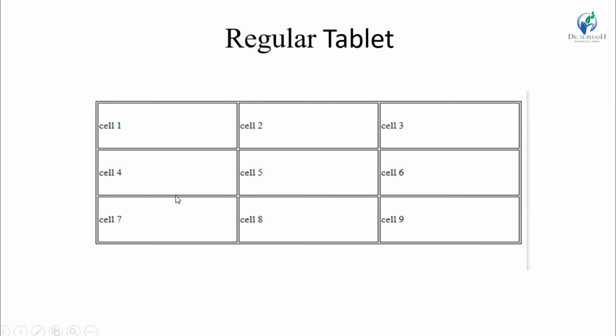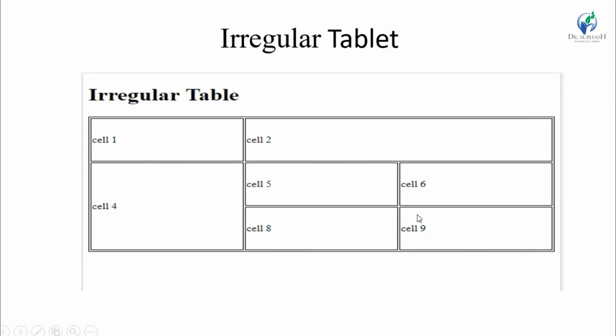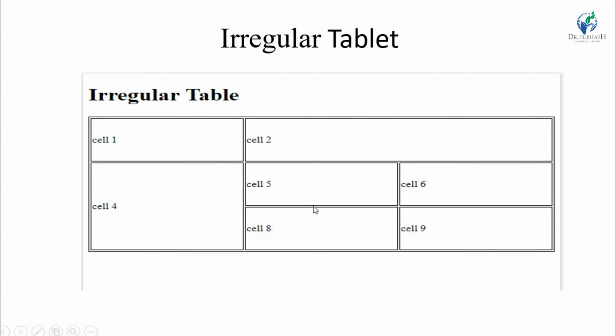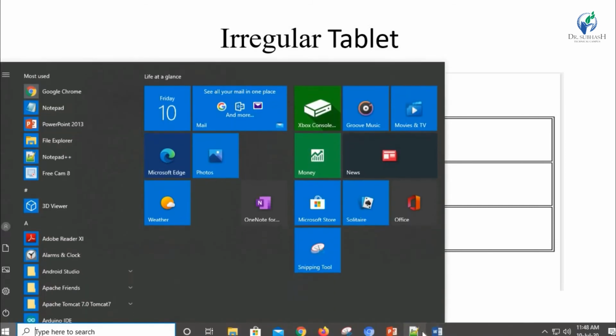I'm going to create this table with 9 cells, and after that we are going to create this structure, where cell 2 and cell 3 are merged and cell 4 and cell 7 are merged. Okay, so we'll get this irregular table structure. So let's get started.